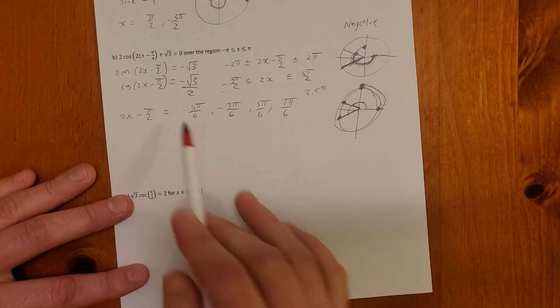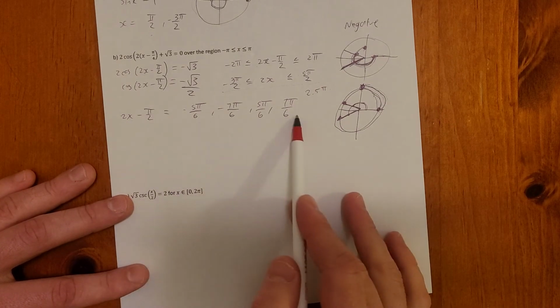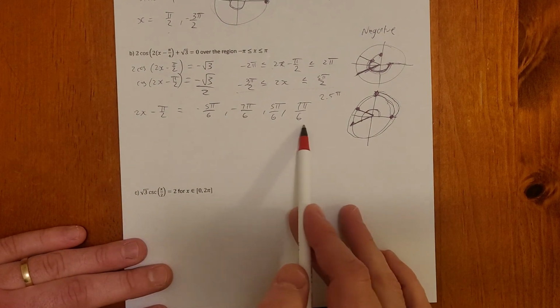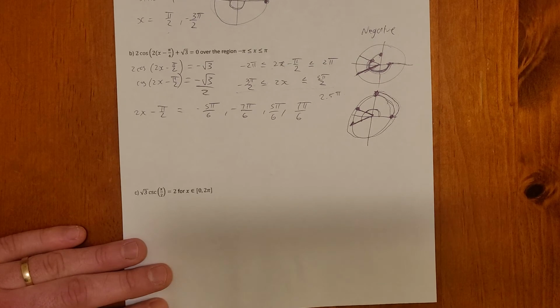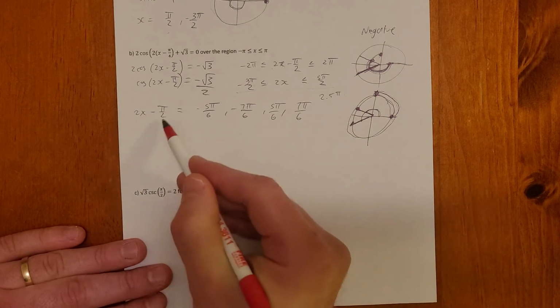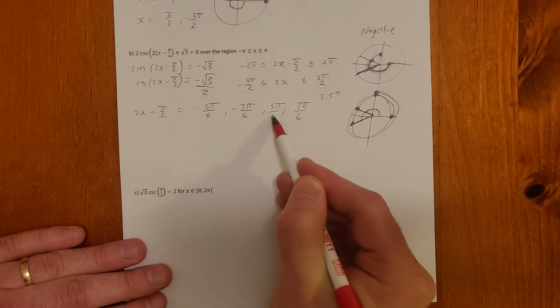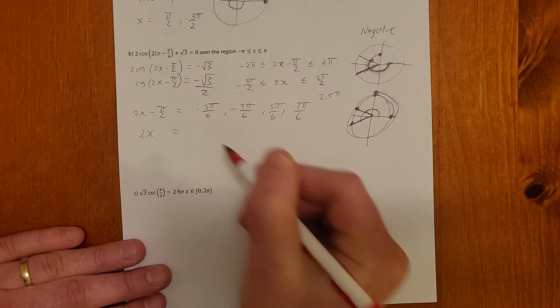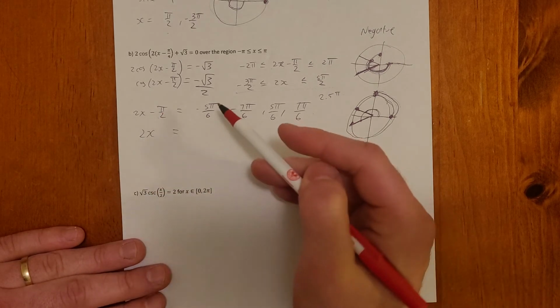Okay, so there are our four solutions, but remember we've got 2x take pi on 2 is equal to these four solutions, and we're trying to isolate x by itself. So what we're going to do is add pi on 2 to all of these solutions. So again, you can go ahead and use your calculator or perform those fraction operations in your head. I'm going to do them quite quickly.